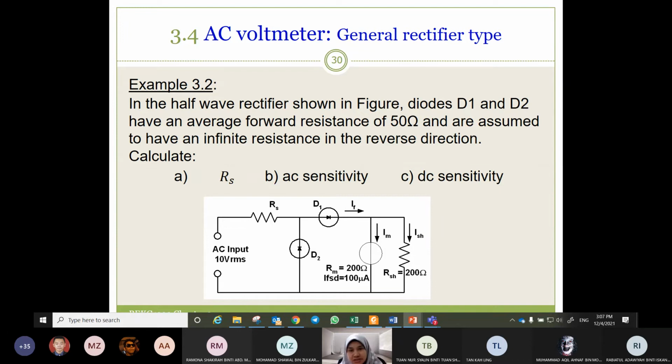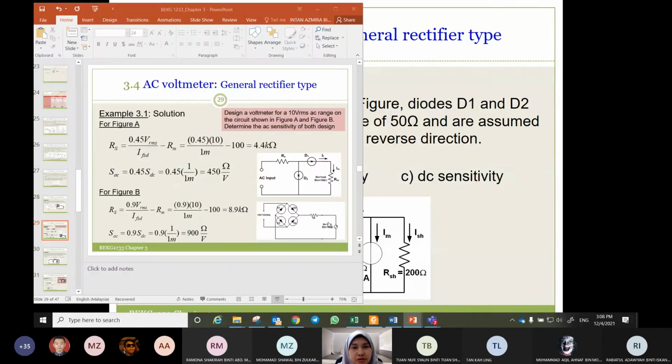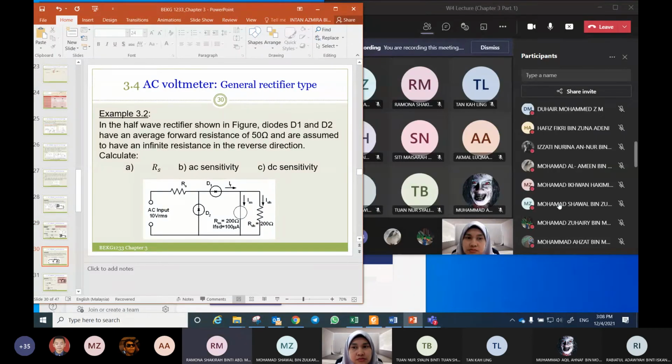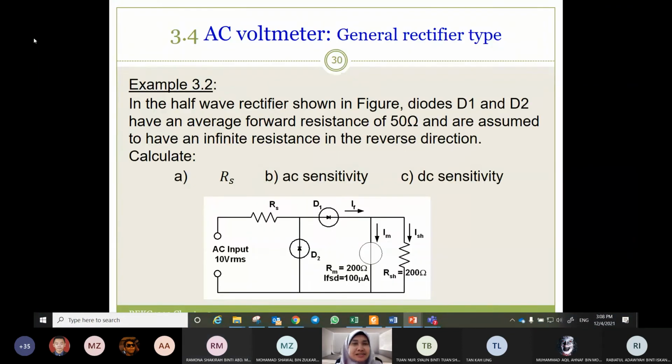Seems like this is an improvement added to the half-wave rectifier circuit where we add a shunt resistor and diode. Why do we add R shunt and diode? To improve the linearity. Pandai. To improve linearity. Okay.